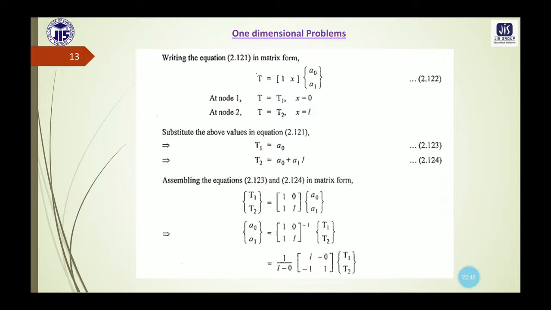This is equal to a 2 by 2 matrix, which is 1 0 1 L, multiplied by a column matrix of A0 and A1. So that means the column matrix A0 A1 equals the inverse of the 2 by 2 matrix multiplied by a column matrix of T1 T2.